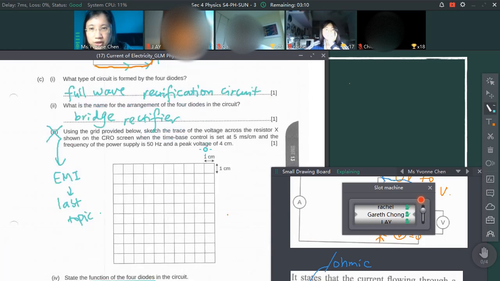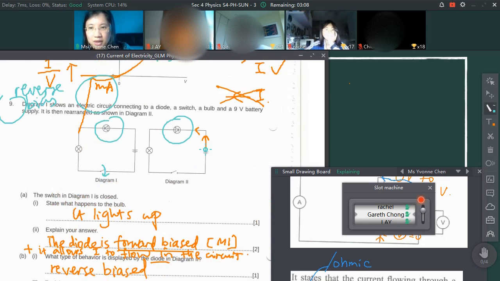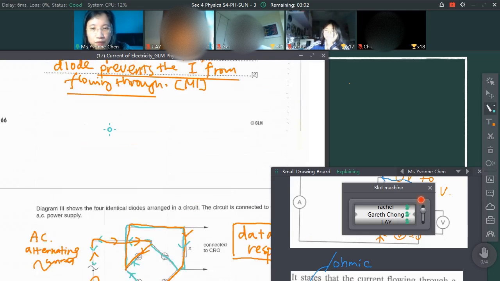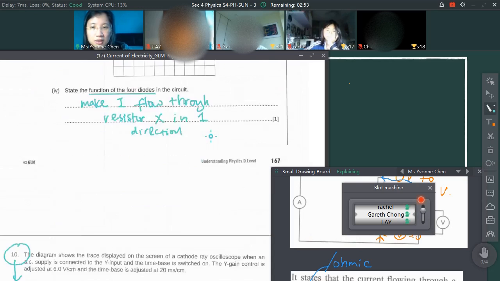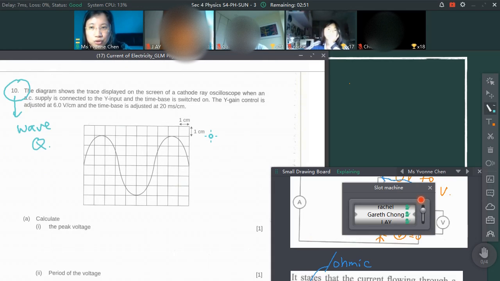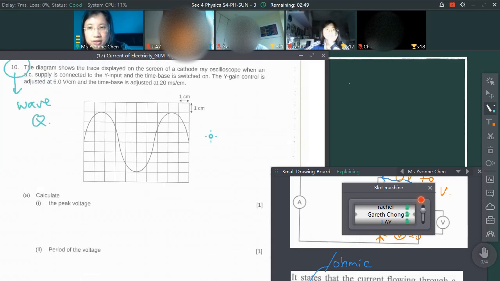I'll say the tougher question is question 9, because we don't really cover so much diode in our main syllabus, especially the full wave rectification, the bridge rectifier circuit. Take note, this is general knowledge for you to understand. So let us try at least part A for question 10.